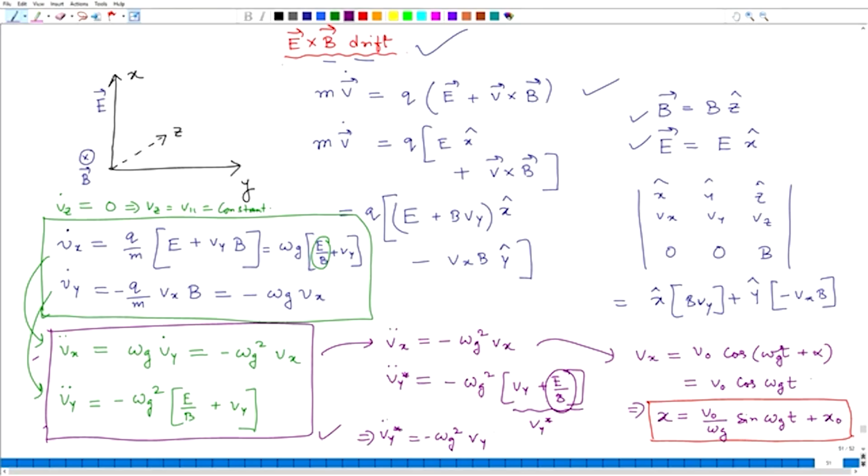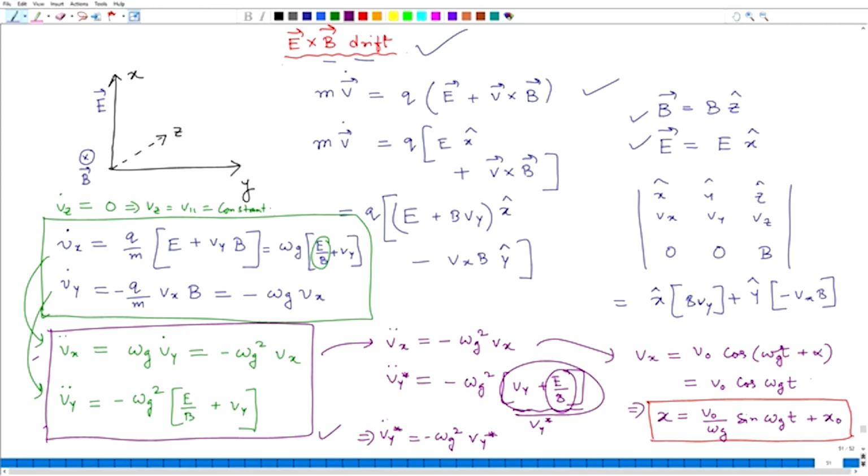Okay, I have made a mistake here, it should be Vy star, and Vy star is this one. So, I do not have to redefine. So, this is Vy star.